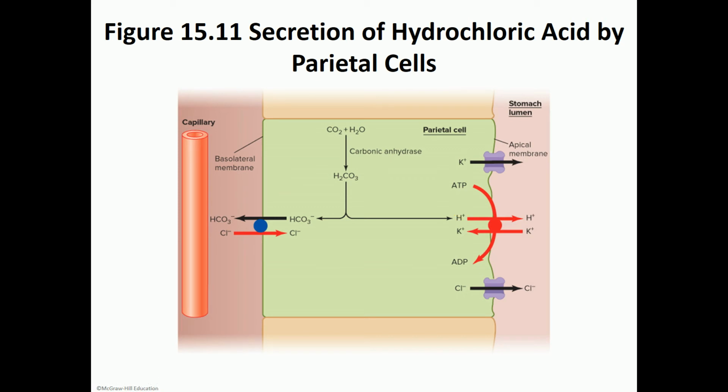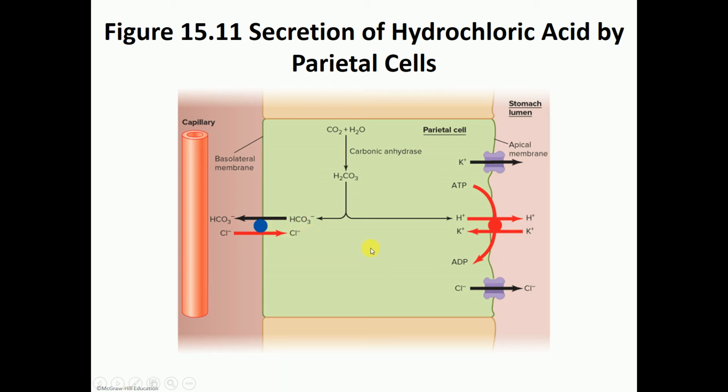Now we need to get the chloride ion. We'll do so through the exchange of that bicarbonate, which is an anion, or a negative ion. We'll kick it out of the cell, in exchange for a negative chloride ion.